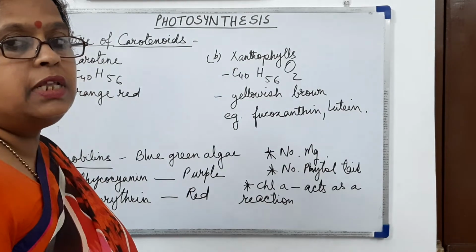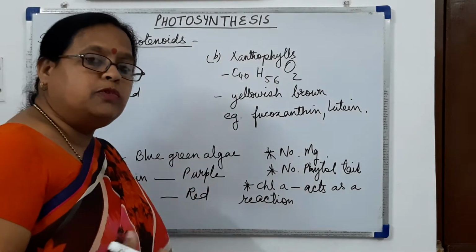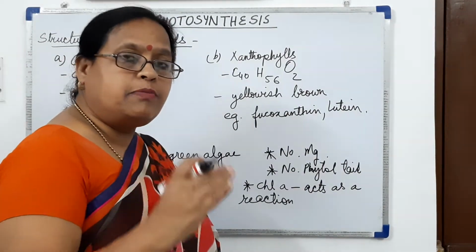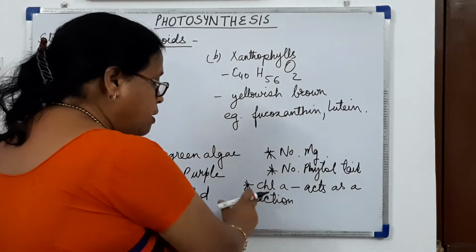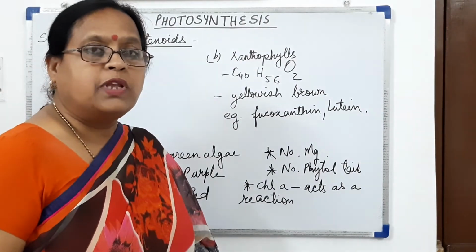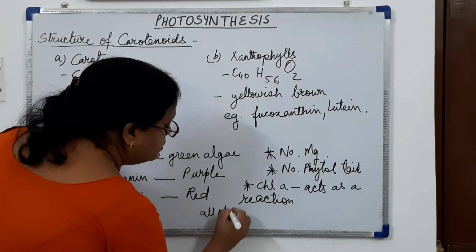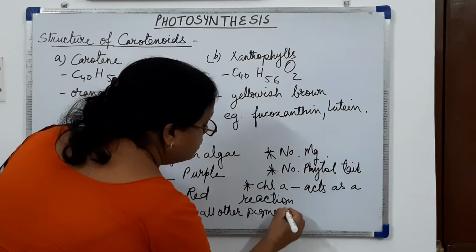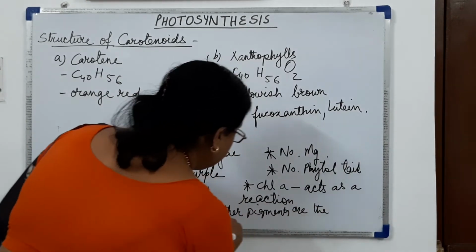They help in the process of photosynthesis because they are absorbing the different wavelengths of the light and transferring it to the main chlorophyll A, that is the reaction center. So all other pigments are the accessory pigments.